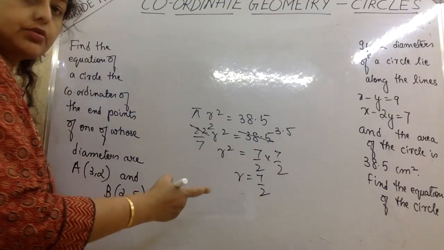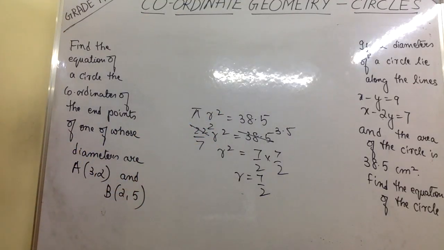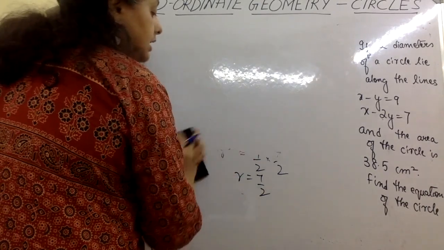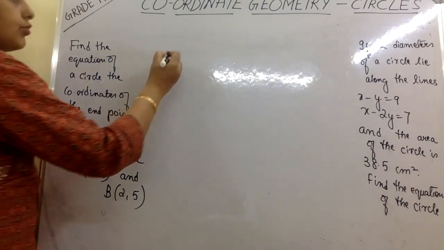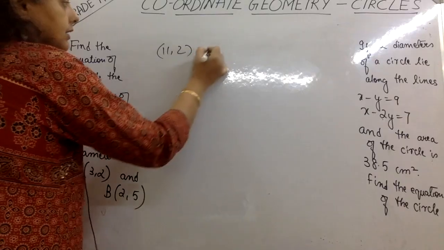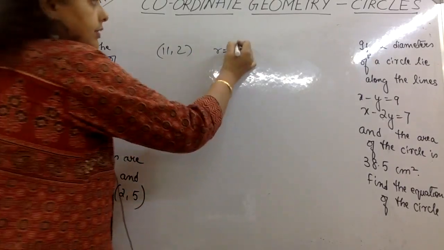So r is 3.5. Now we are going to find the equation of the circle. The center is (11, 2) and the radius is 7 by 2.